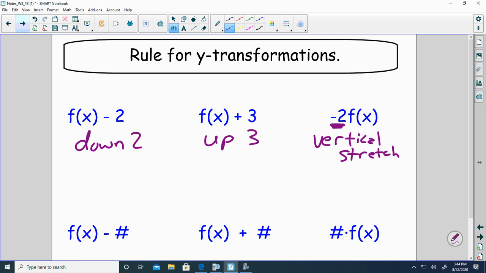Okay, but the negative out front is going to flip over the x-axis. That's a little different. We'll explore those in a little bit.